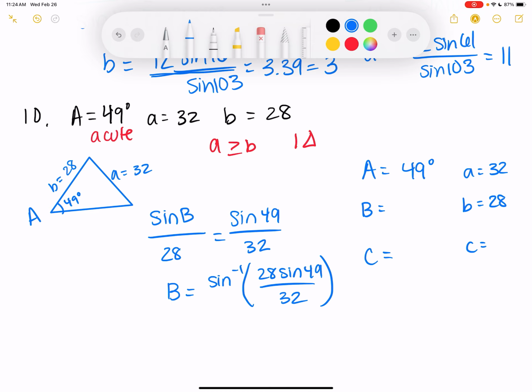Depending on if your calculator lets you type in fractions, you can type it all in as one big thing. If not, I would do this inner part and then take the inverse sine of the answer that you get there. And again, we'll go to the nearest whole number for this.